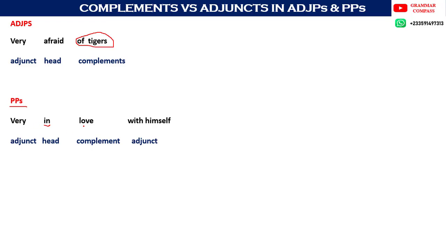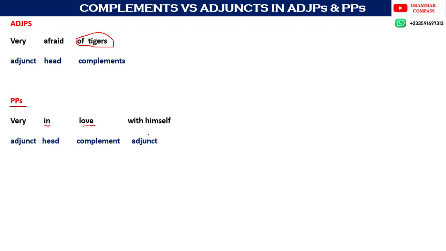Love, which is the noun phrase, is our complement, which means that in a prepositional phrase, the NP should be a sister to the P, not a sister to a P bar. Take note, the NP should be a sister to the P, not a sister to a P bar. But if we have with himself, it is not the NP, which means it is an adjunct.